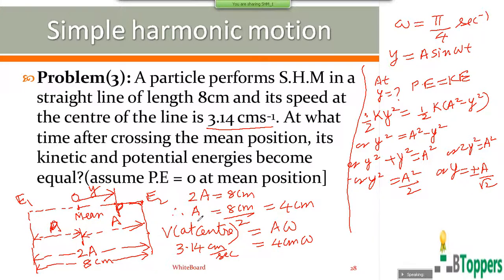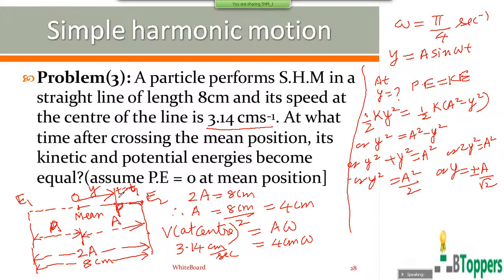So if we consider the positive root of the equation, that means if we start counting time from the instant when the particle crosses the mean position in the positive direction, then you have to find the least time after which kinetic and potential energies become equal.